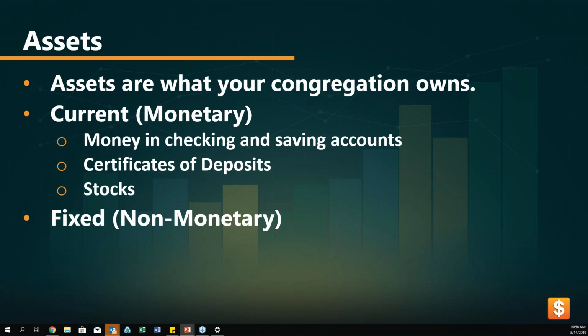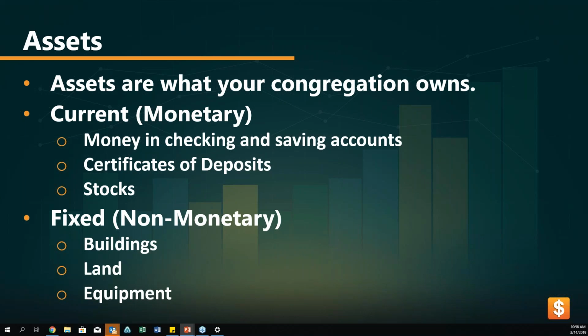So current assets. And when it comes to fixed, for those churches that want to enter in the value of their building, of their church, rectory, whatever other buildings they own, they can do that. And also enter in the value of the land, and if you have equipment. Those would be considered assets, and some churches do track assets.